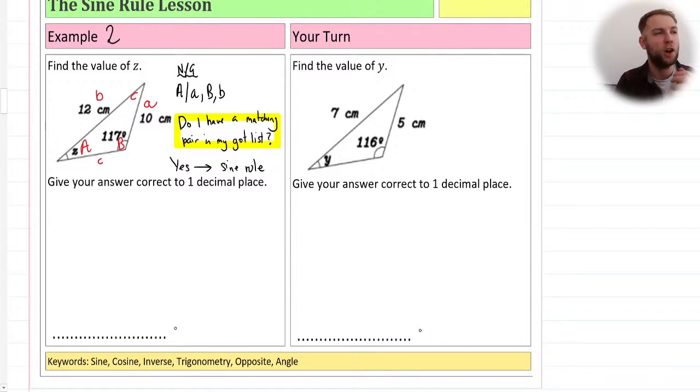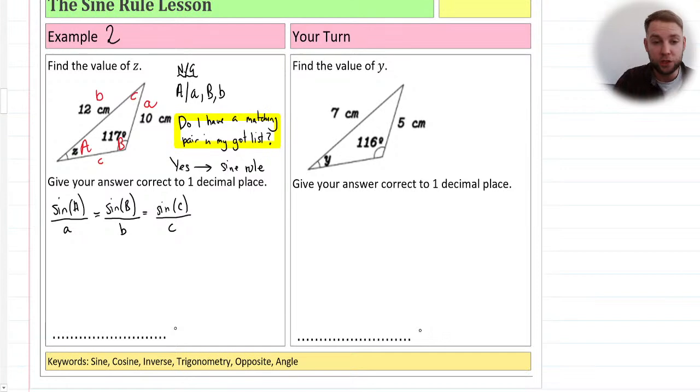Because I'm trying to work out the angles here, I'm going to use that other formula which I talked about, which was this: sine of capital A over A is equal to sine of B over little b is equal to sine of C over little c. Brilliant.